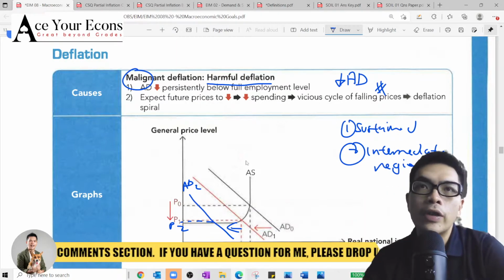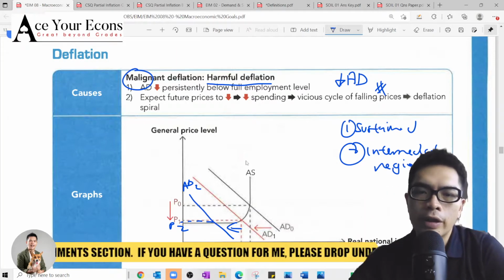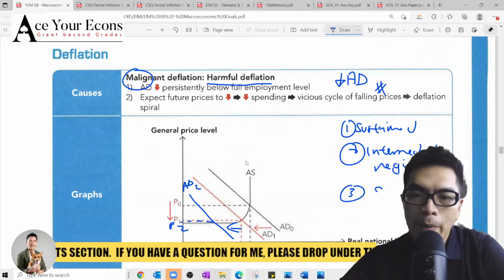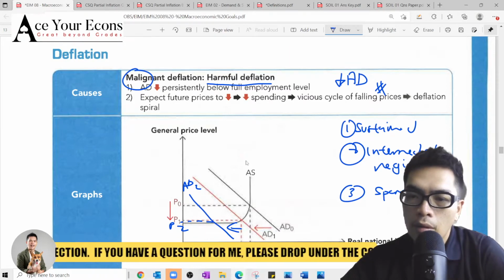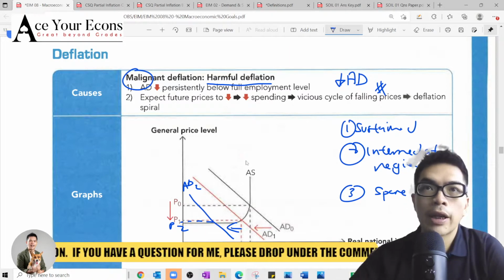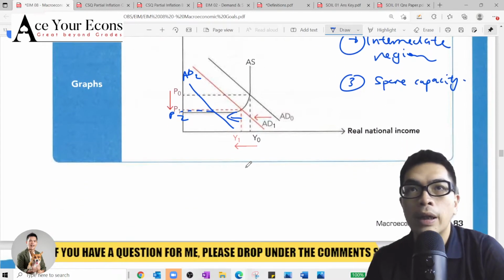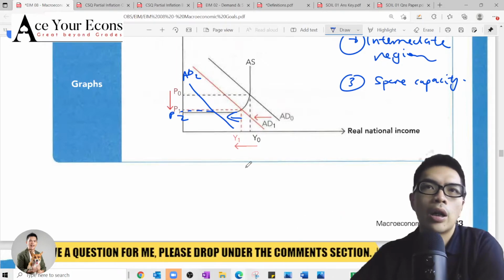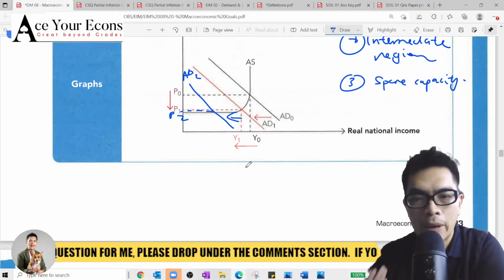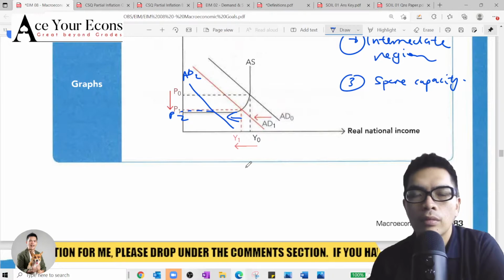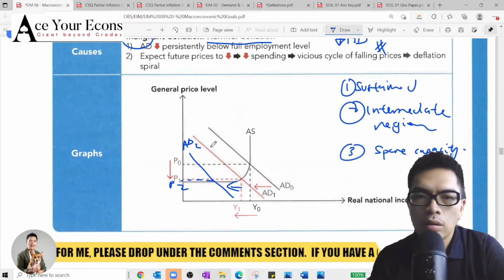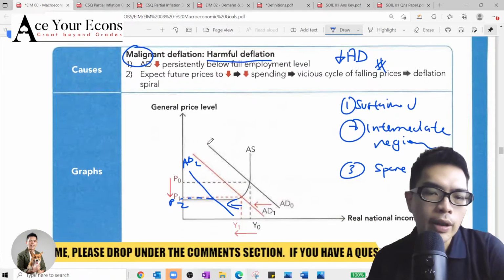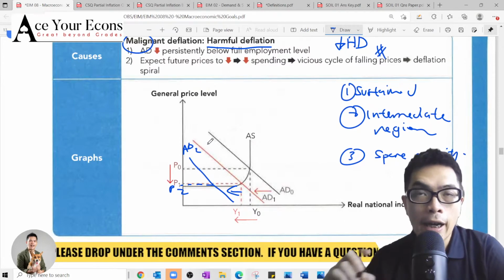But if it does happen, you can use the reverse approach of spare capacity. Same, because when there's a fall in demand, there will be an abundance of resources. Then we can go on to illustrate what happens to the factor prices when they're bid downwards.